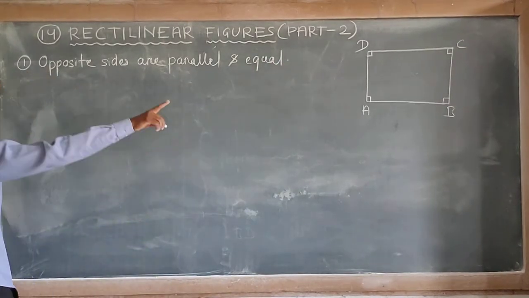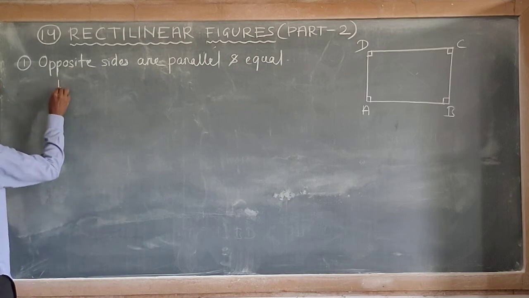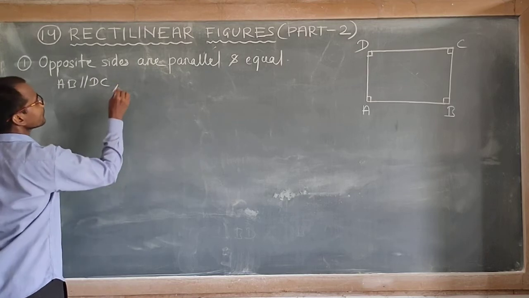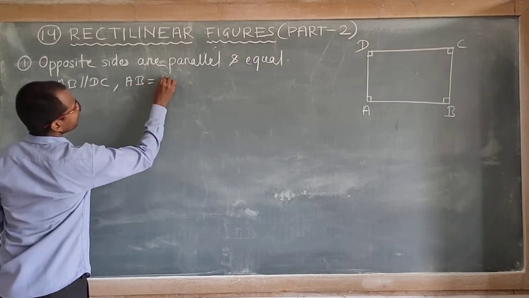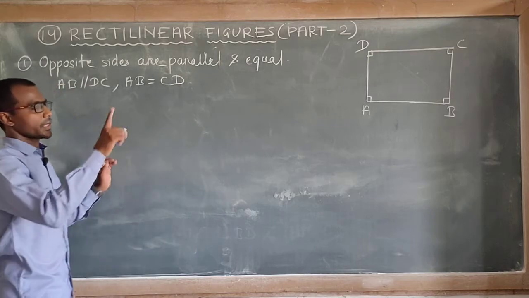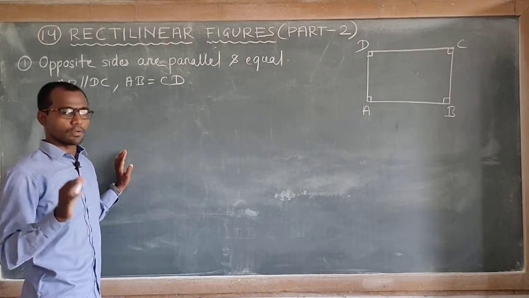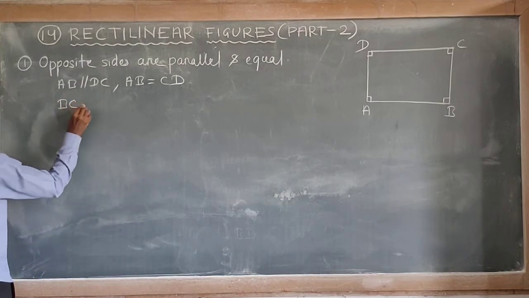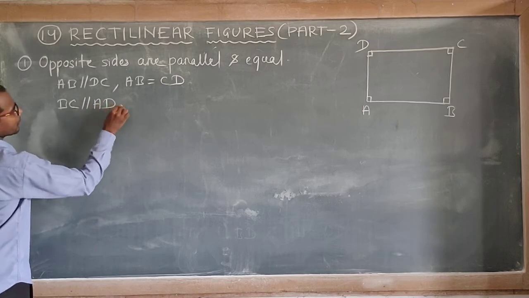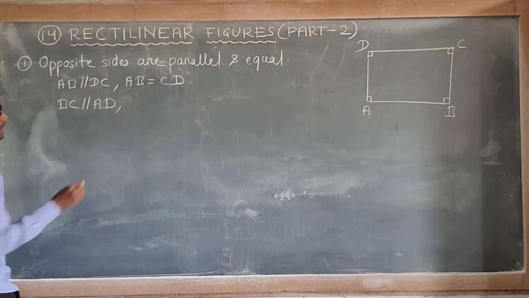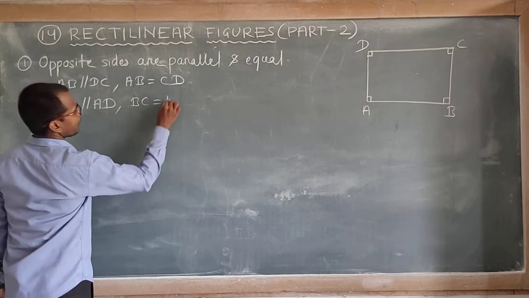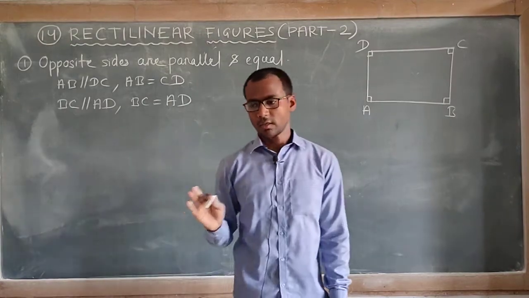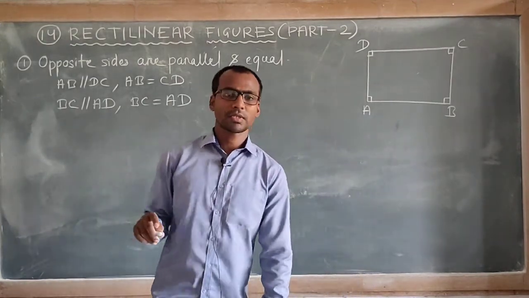That means here AB and CD are parallel to each other and also equal to each other. Similarly, BC is parallel to AD and equal. So opposite sides are parallel and equal to each other. This is one property of a rectangle about the sides.